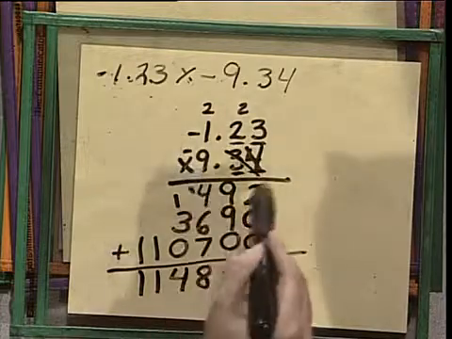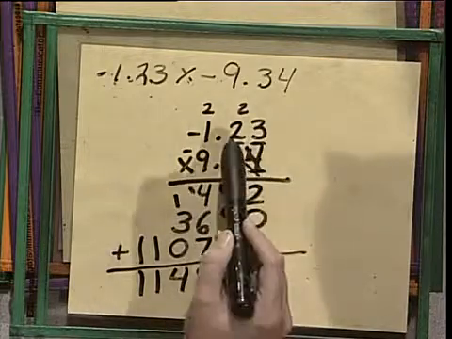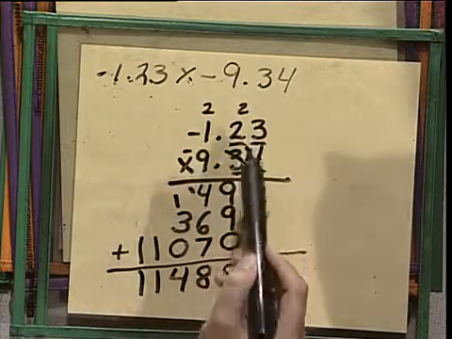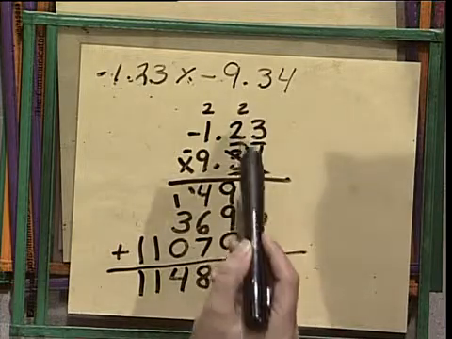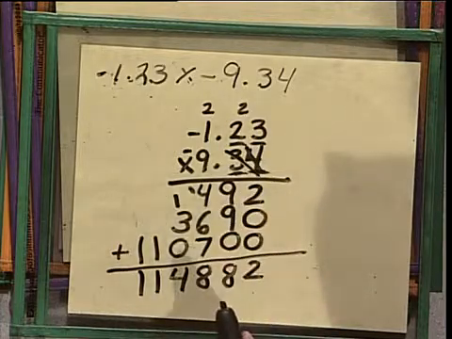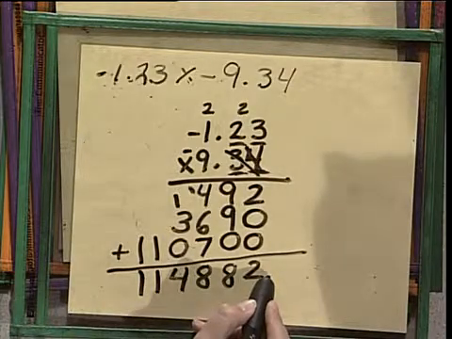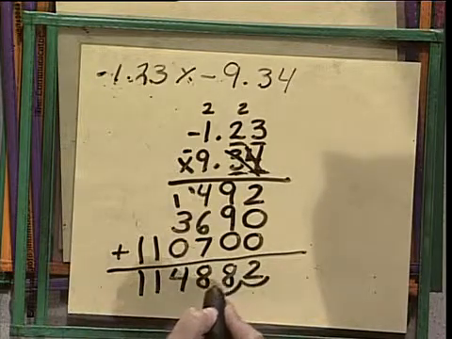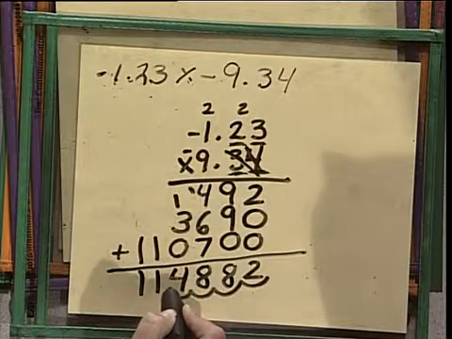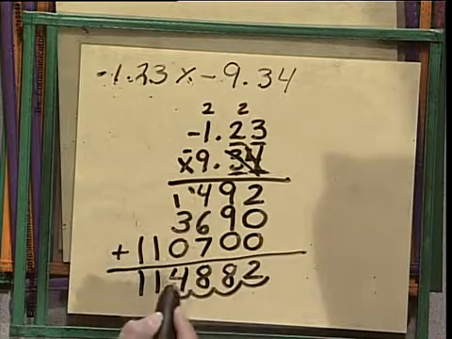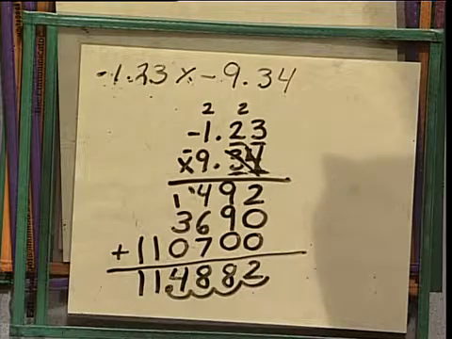So we want to look at all the factors and count up how many places after the decimal. 2 up here and 2 down here makes how many total? 4. Good. So we're going to start back here and move our decimal place. 1, 2, 3, 4. Okay? So our decimal place is going to go between the 1 and the 4.